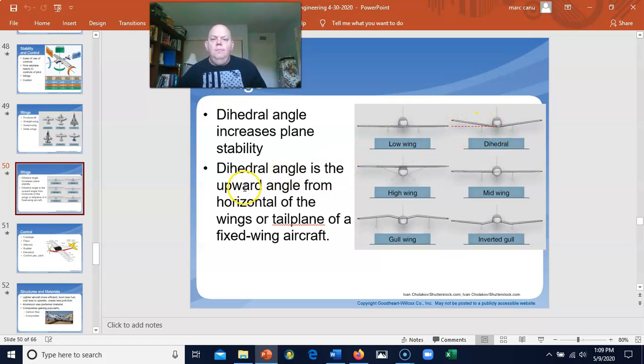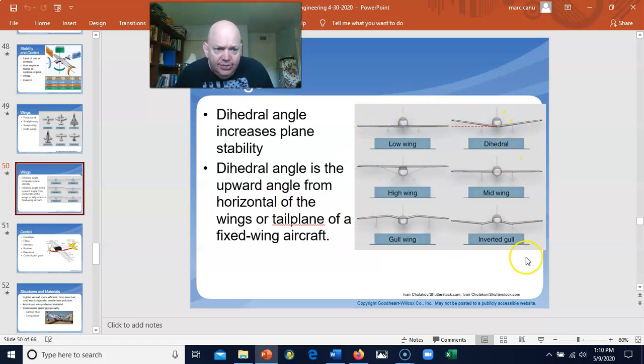The dihedral angle is the upward angle from the horizontal of the wings or tailplane of a fixed wing aircraft. Fixed wing aircraft is your regular jet plane or propeller plane that everybody's familiar with. Rotary wing aircraft applies to helicopters, because essentially their propellers are the wings of the aircraft.